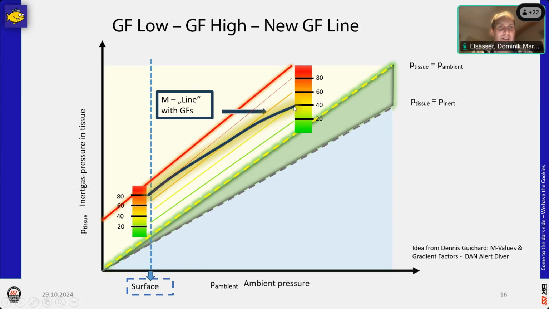People often like to draw the new line that comes from such a 40-80 profile as a straight line, just connecting 40 and 80 here. That's not actually what happens. The new line from such a 40-80 profile will be slightly curved. It will not be a straight line, it will be a parabola.